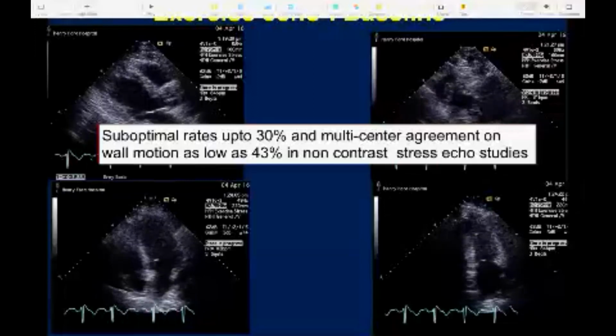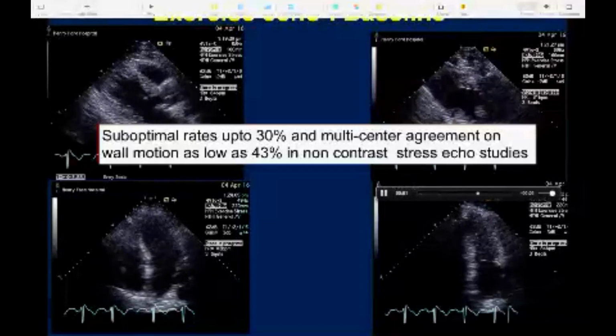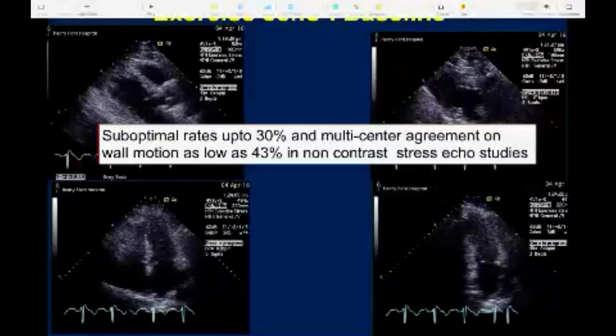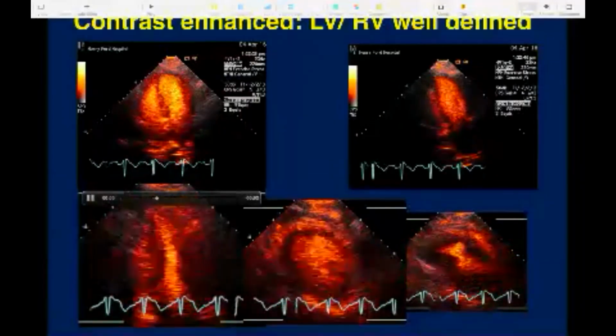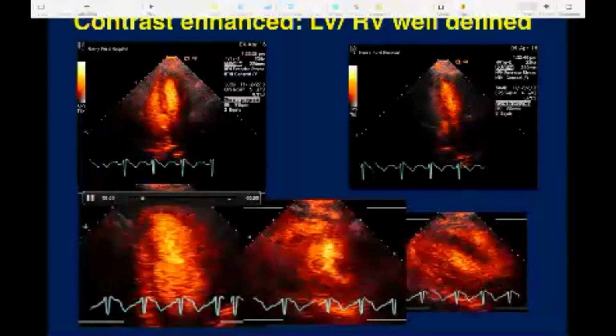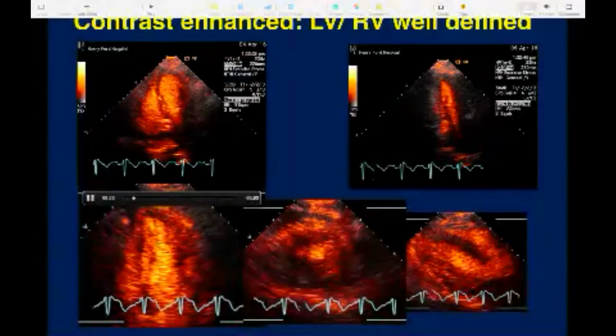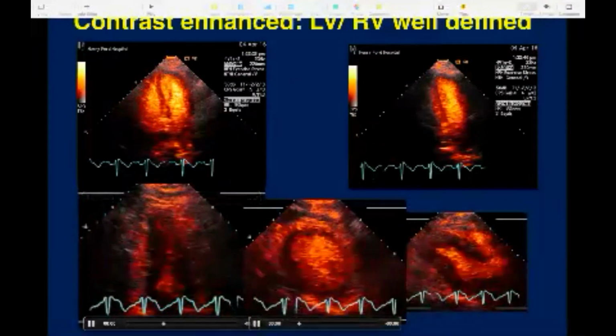And the multi-center agreement on wall motion is as low as 43% even in expert centers if you do not use contrast in stress echo studies. So much so that some centers routinely use contrast for stress echo. So in this same patient, now you can see excellent definition of the left ventricle, and also excellent definition of the right ventricle, both at rest and stress, suggesting normal wall motion.